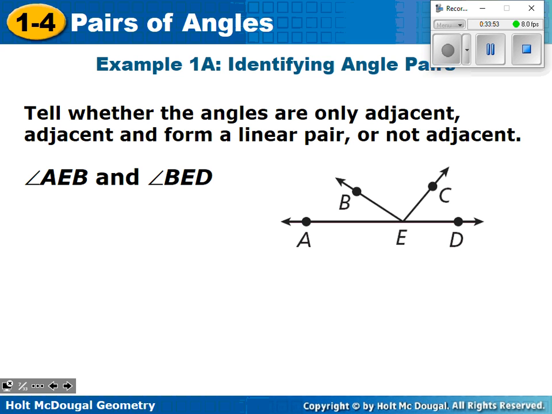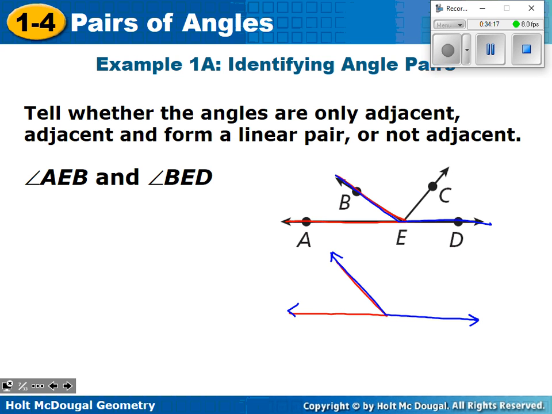Okay, so here's something that might help you if you got this one wrong, is to redraw the angles separate from the picture. So AEB is referring to this angle, so I'm going to draw AEB separate. Then BED is talking about this angle, so now I'm going to draw that angle. So look at the 2 angles. Are they touching with a common vertex and a common side?